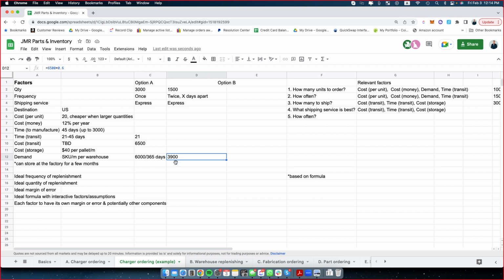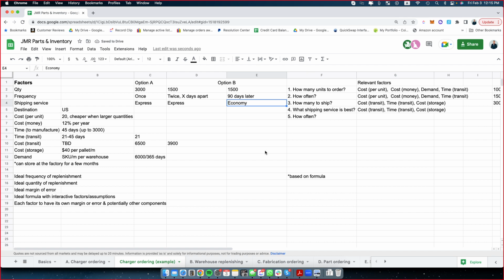But we'll enter actual numbers when we want to calculate this. And then we'll ship economy, let's say 90 days later.